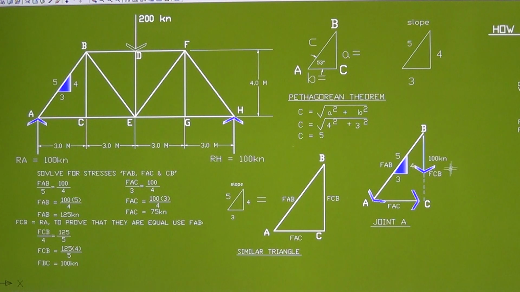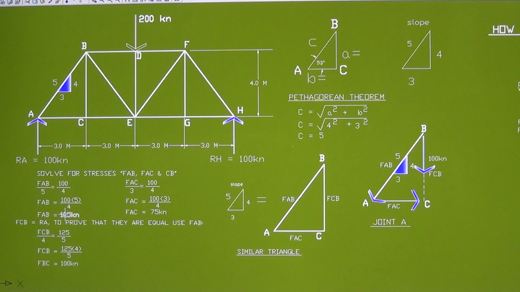So to prove that this is 100, so that you didn't get confused why I transferred the 100 reaction there to complete this triangle, to prove that the CB and RA are equal, now you can use the force FAB, which is 125.